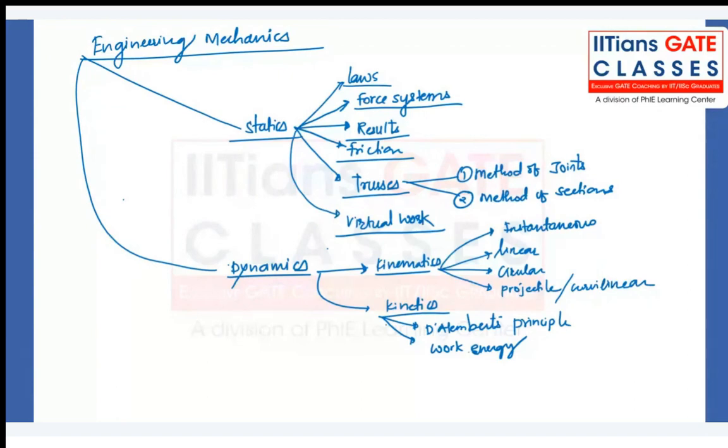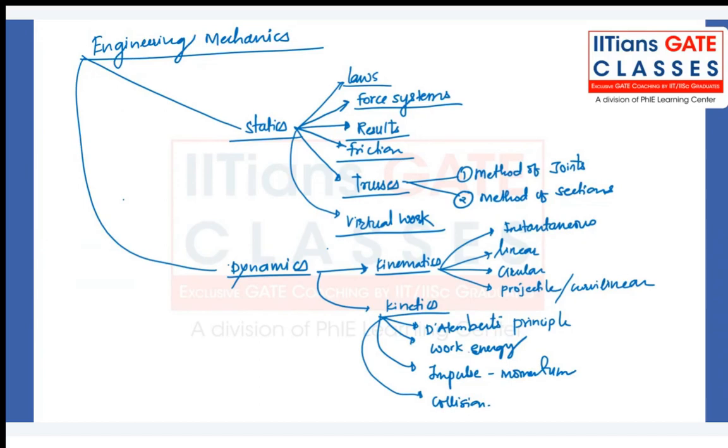Later we also understood the concept of impulse momentum. Here we understood the concept of impulse momentum, the law of conservation of momentum, and the relationship between impulse and momentum, and we solved the problems. We understood the concept of collision, and in collision we mainly use the law of conservation of momentum.